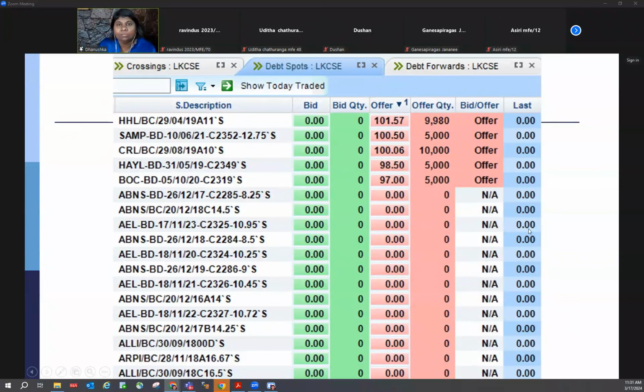Here you will see the bids and offers of different debentures. Bids are where somebody is willing to buy, no bids are there in this market. And when somebody wants to sell, they indicate the price that they want to sell these debentures at, and that would be put here. These prices have been quoted on a clean basis. It does not include accrued interest.